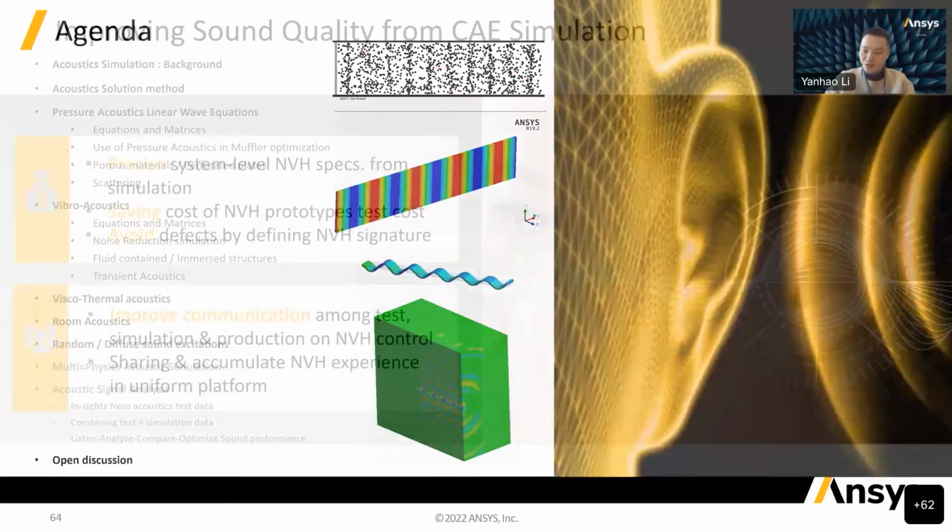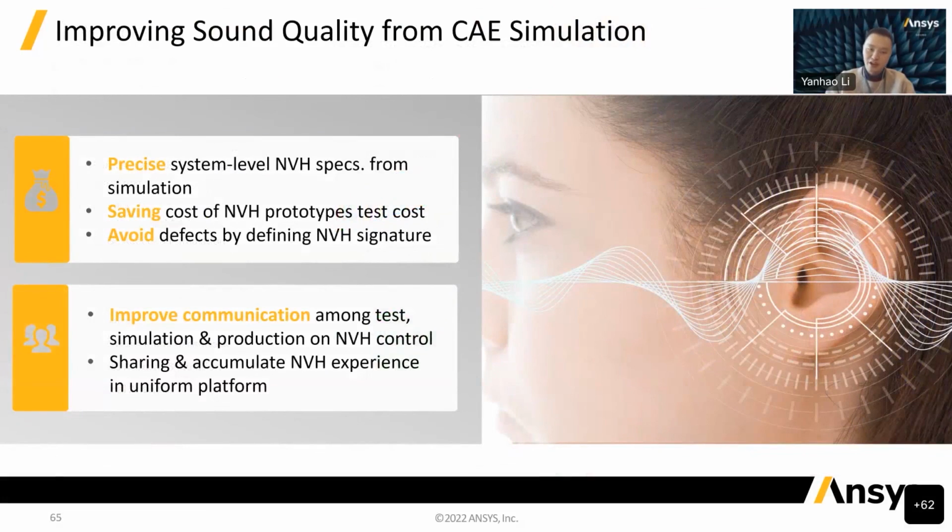So here is what I'm trying to show. You will already get a general idea about how Ansys Sound can help you get insight into your test results, listen to your simulation results, begin an audible analysis of your simulation result, and combine it with test results to understand them at a real system level without building a real physical prototype.